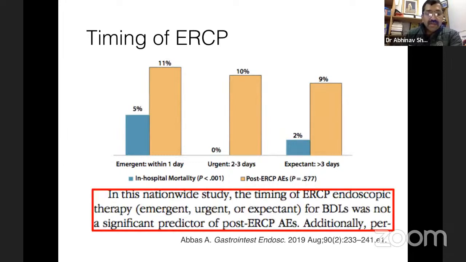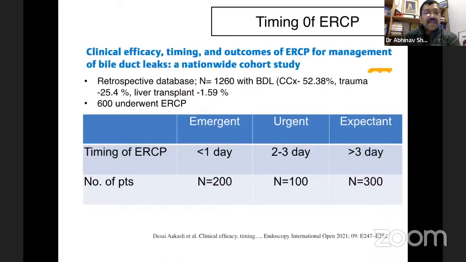So the conclusion of the authors was that the timing of endoscopic therapy, whether emergent, urgent, or expectant, is a predictor of mortality, but not of post-ERCP adverse events.